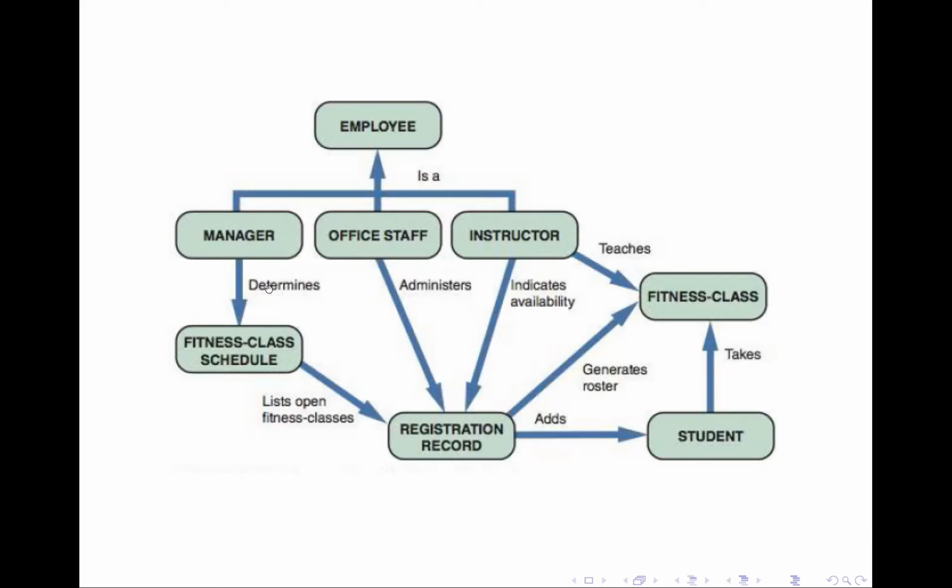At the same time, you can see here as well, the manager determines the fitness class schedule, and then this will open the fitness classes with the registration record. So as you can see, this is called an object relationship diagram, where we show the objects, superclasses and subclasses, and then how these objects interact with the other objects.